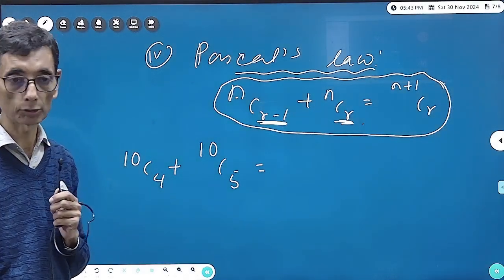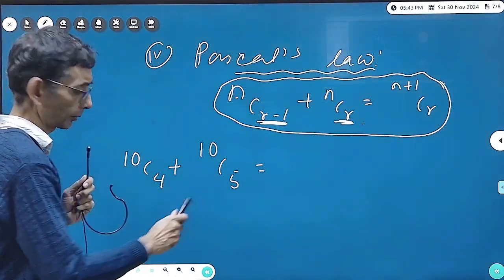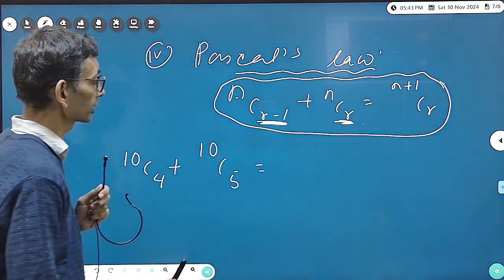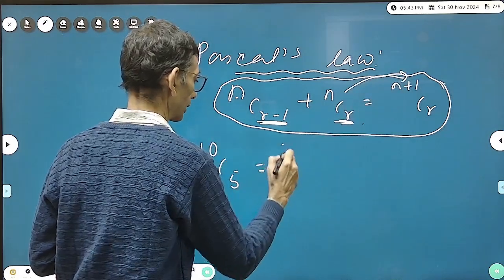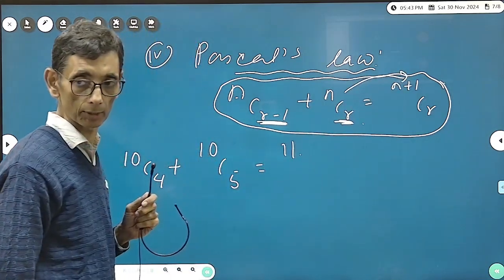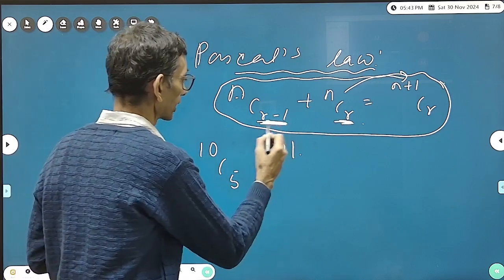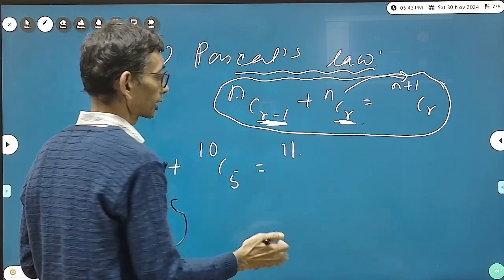When the numbers are continuous, 4 and 5 or 5 and 4, the same thing, n becomes n plus 1, so it becomes 11. Under the lower suffix, we write the bigger r.